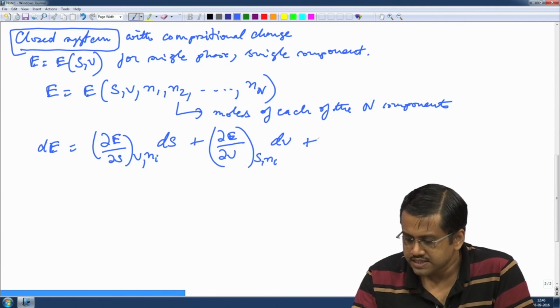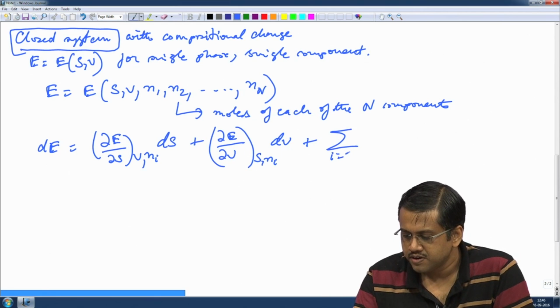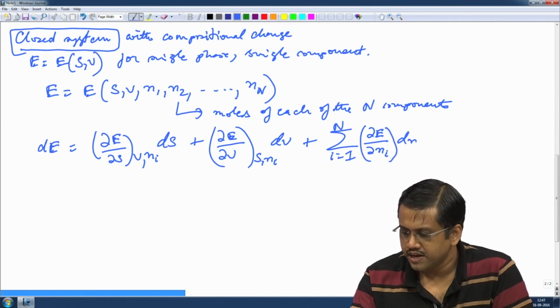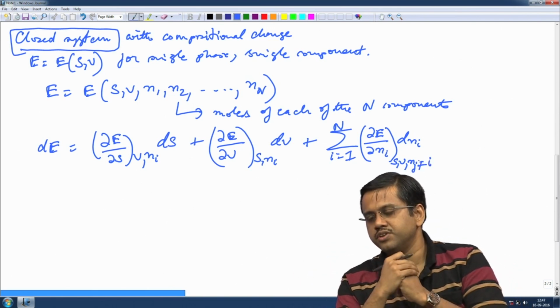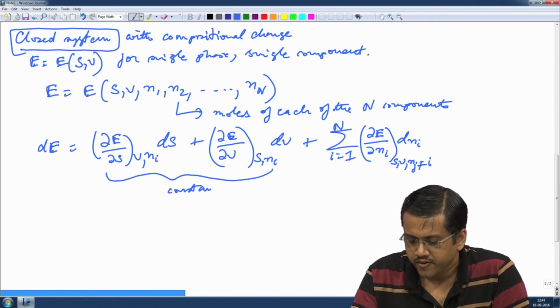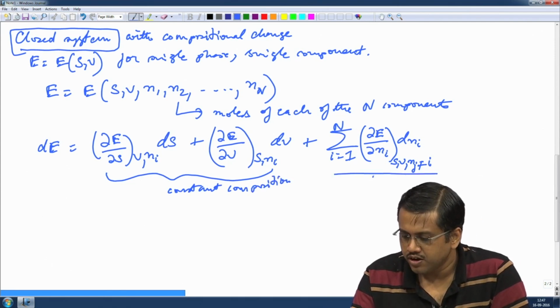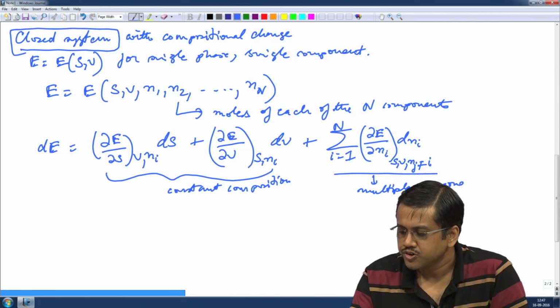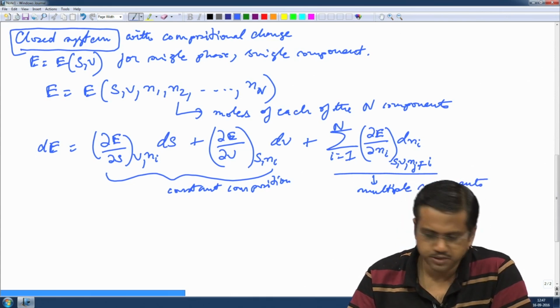And lastly, now you have a summation from 1 to n of dE by dNi times dNi, at constant S, constant V, and constant Nj where j is not equal to i. So, the first two terms are for the constant composition part, and this last one is the effect of multiple components.